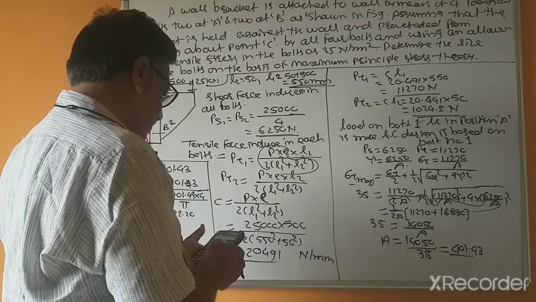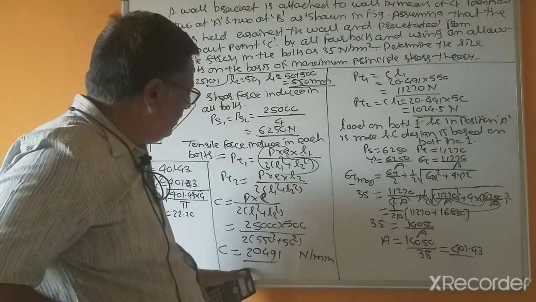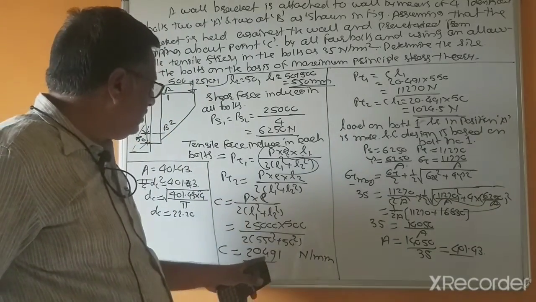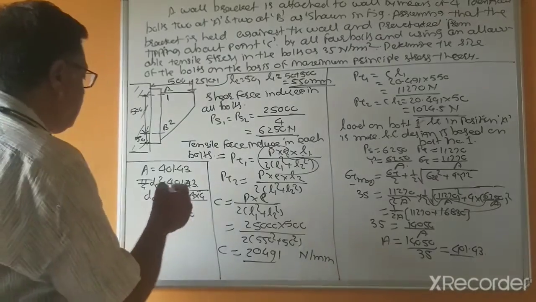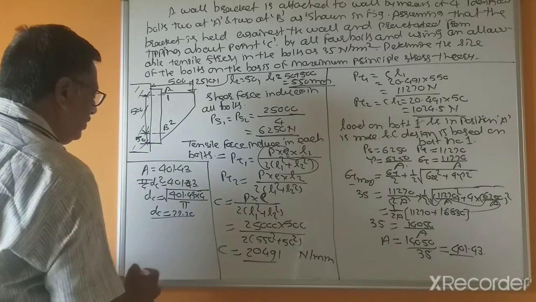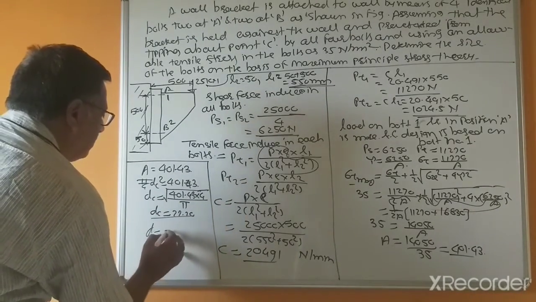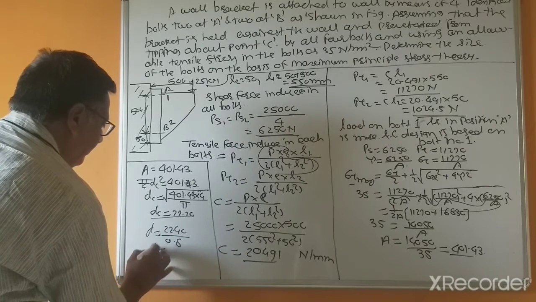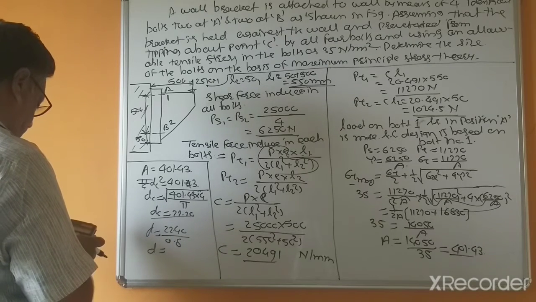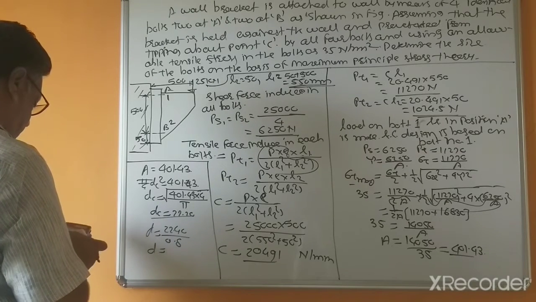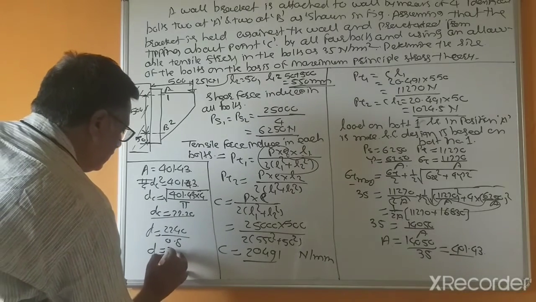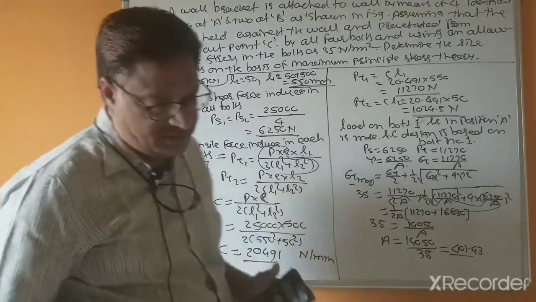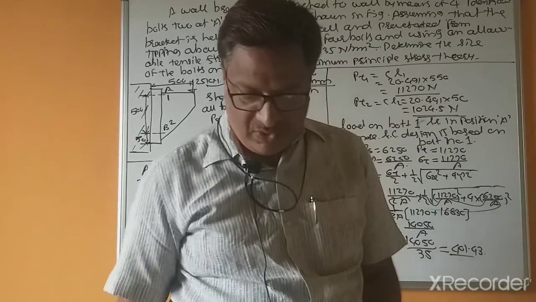This is 20.49, but I got 20.41. So DC equal to 22.20, and D is the diameter of the bolts, 22.40 divided by 0.8. So the diameter of the bolts required is M28.